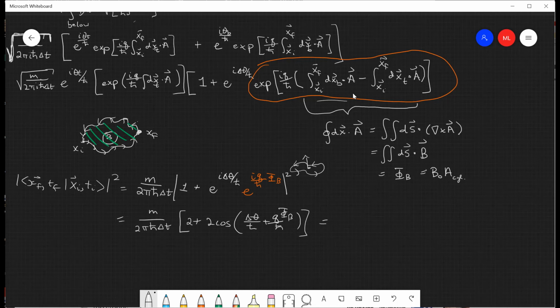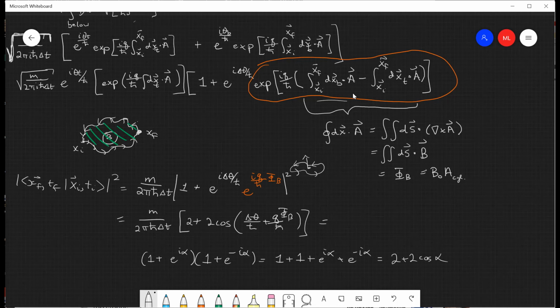You can just write this as 1 plus e to the i alpha, and then multiply by its complex conjugate. So you get 1 plus 1 from the two cross terms, then plus e to the i alpha plus e to the minus i alpha, which is 2 plus 2 cosine alpha. So that's where that comes from.